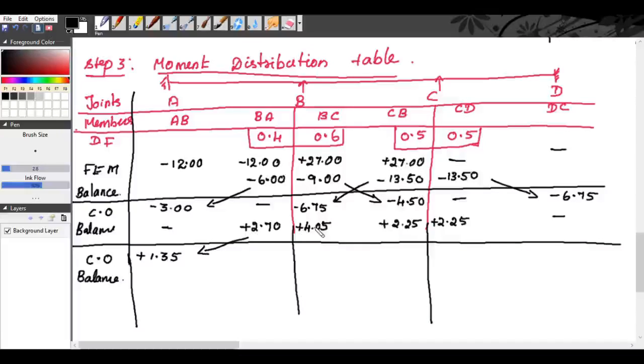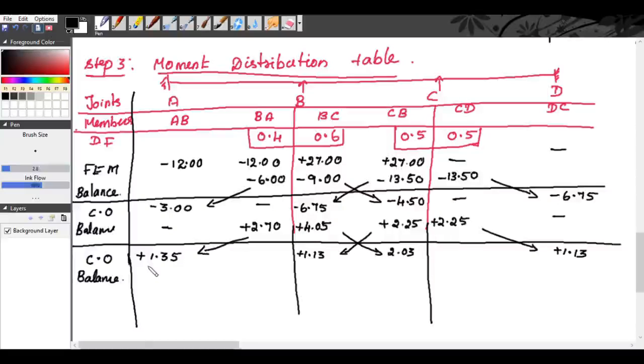Now between the supports B and C, both are carried. So 4.05 divided by 2, we get plus 2.03. And 2.25 divided by 2, we get plus 1.13. From D there is no transfer of moments. From C the moment is transferred. So 2.25 divided by 2, we get plus 1.13.